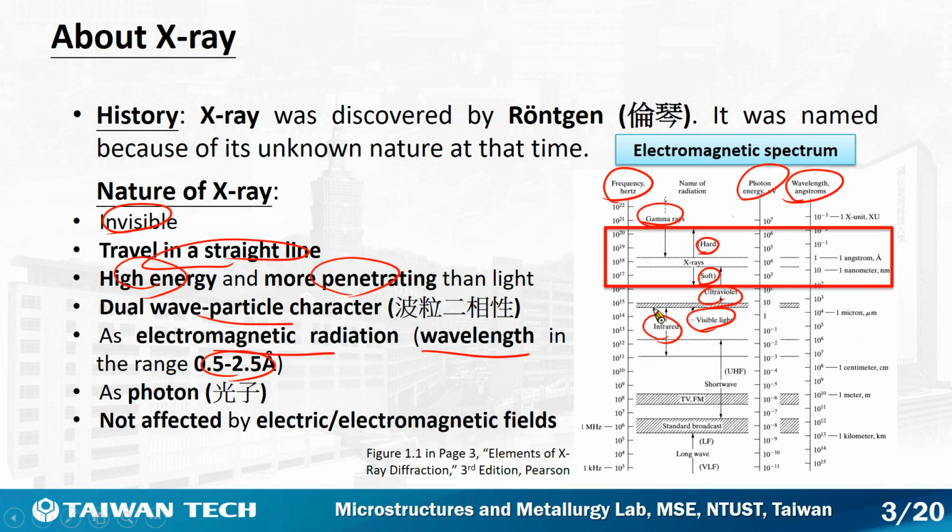We can still consider it as a particle, so we call it a photon. For this dual wave and particle character, it can be a wave and a particle. And by its nature, X-ray will not be affected by electric and electromagnetic fields.